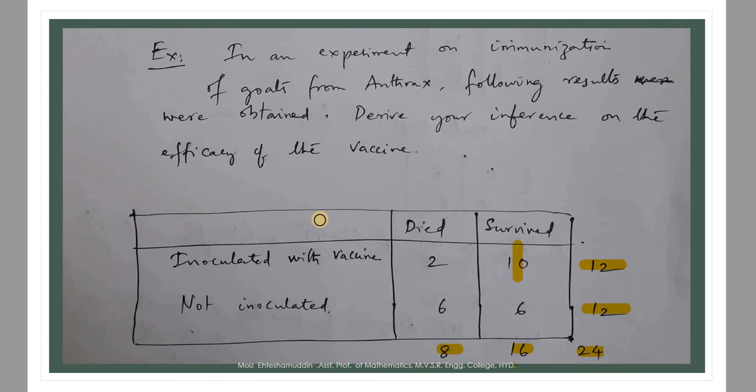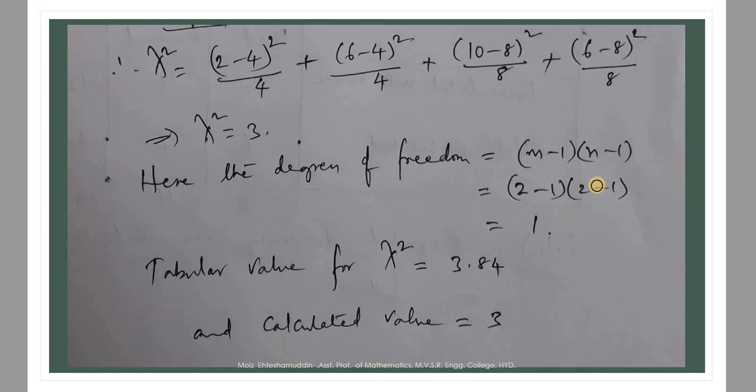At that time we have to look at the degrees of freedom as 3 minus 1 into 4 minus 1, that is (m minus 1) into (n minus 1). Here m is 2 and n is 2, so 2 minus 1 into 2 minus 1 will be 1 only.